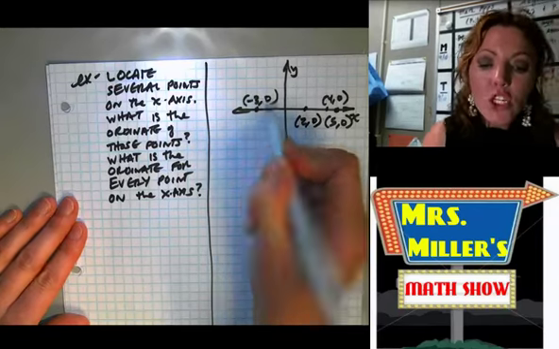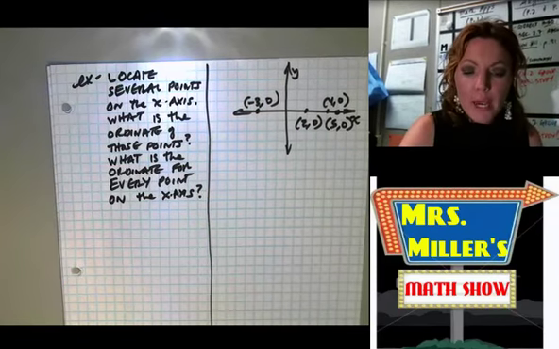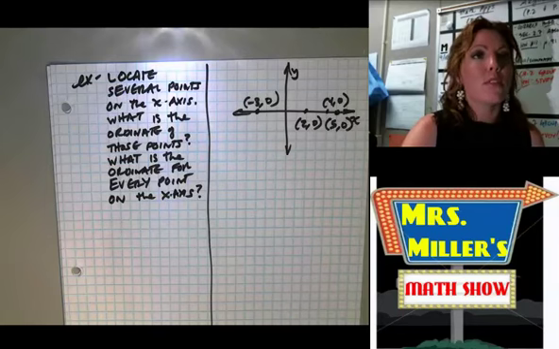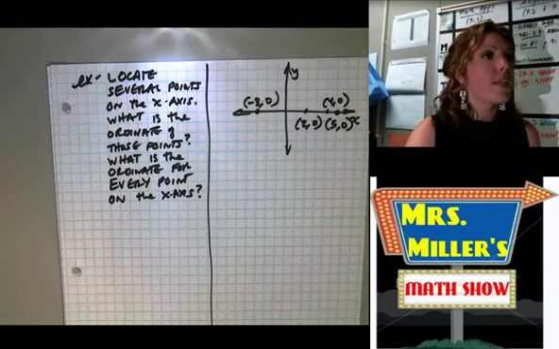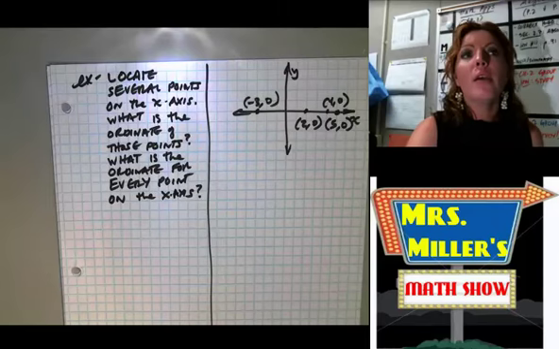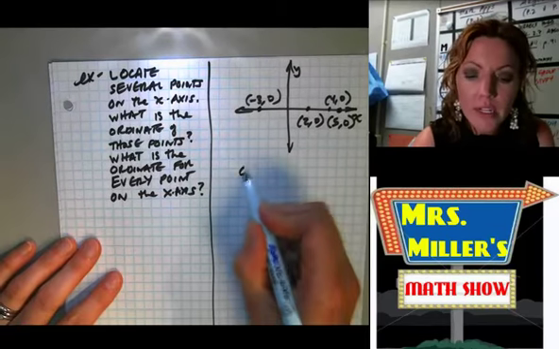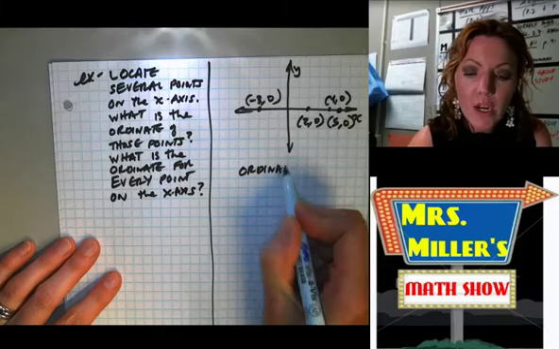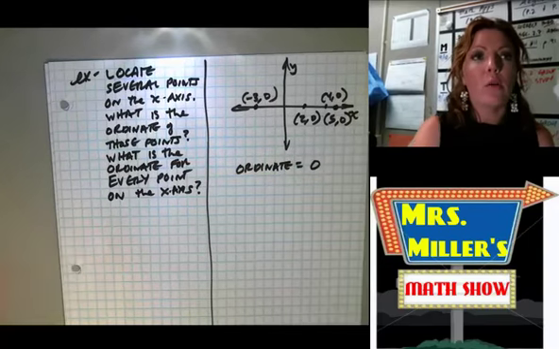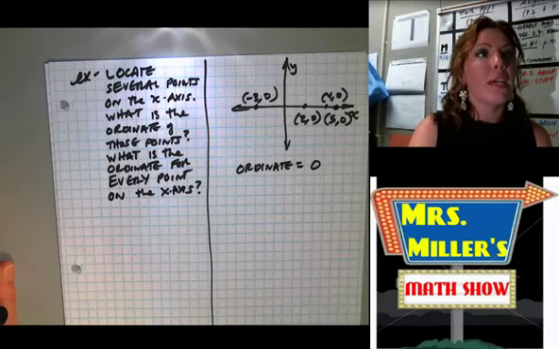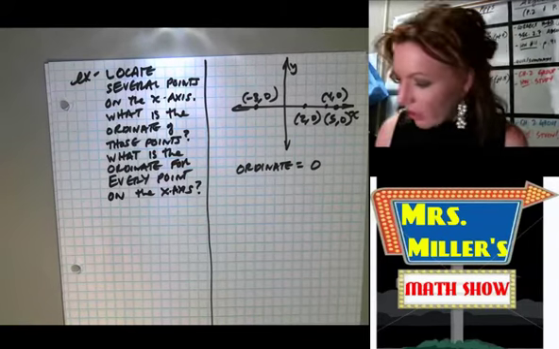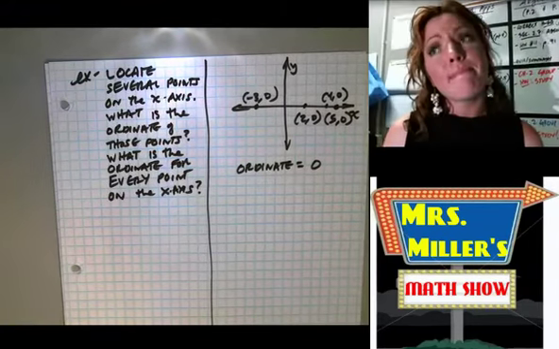So the question is, locate several points. What's the ordinate of these points? What is the ordinate again? 0. Ordinate is a fancy word for y coordinate. So the ordinate for every point on the x-axis is 0. I put this in here only because you guys are going to have a problem like that, and I don't want everybody to be like, what? I don't get it. Okay, so, questions?